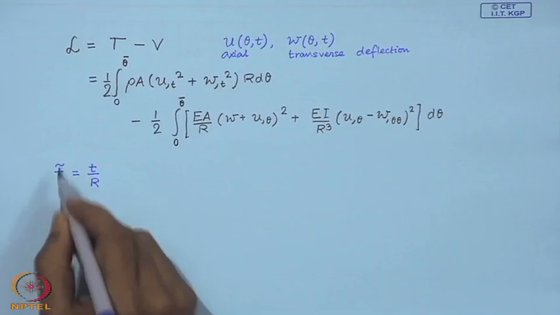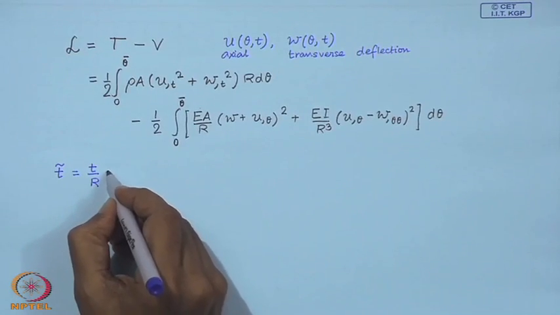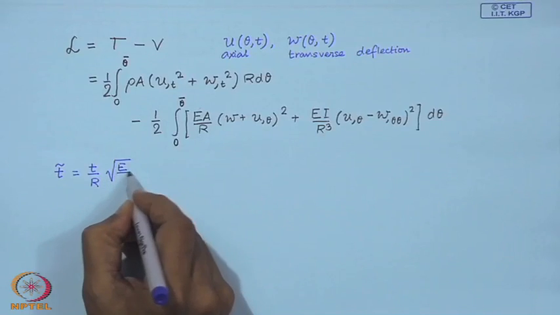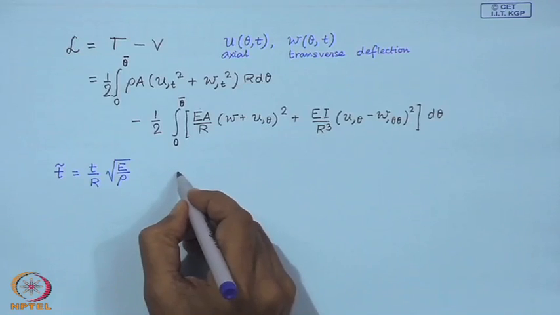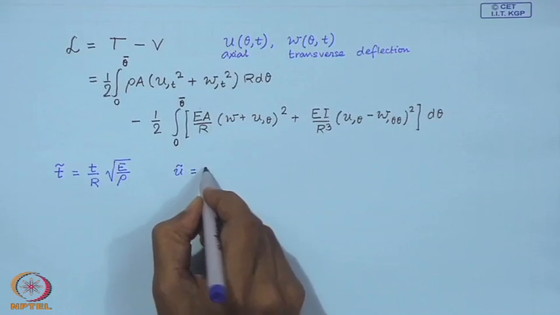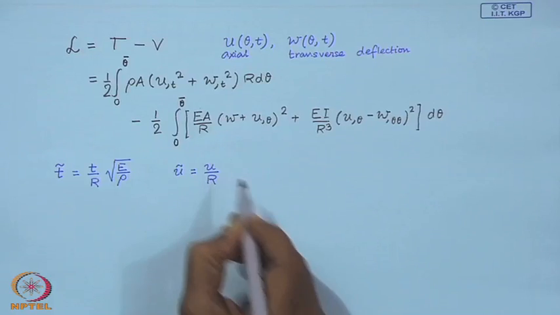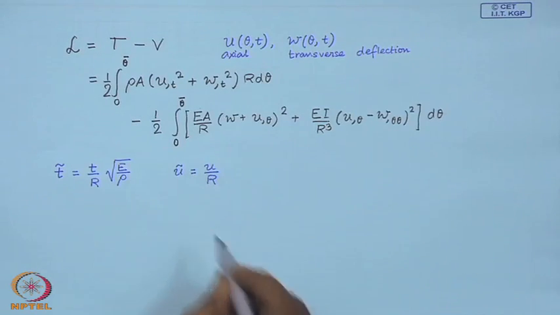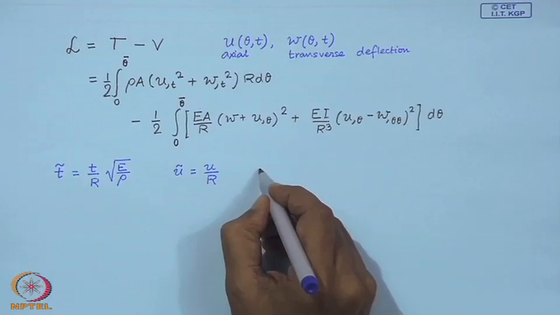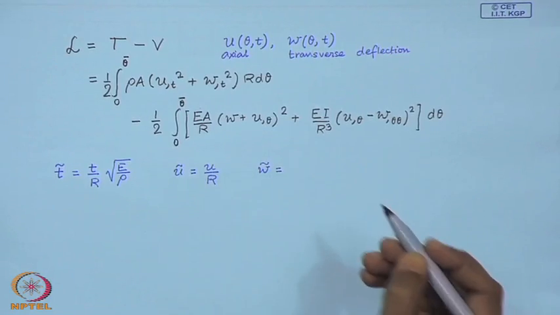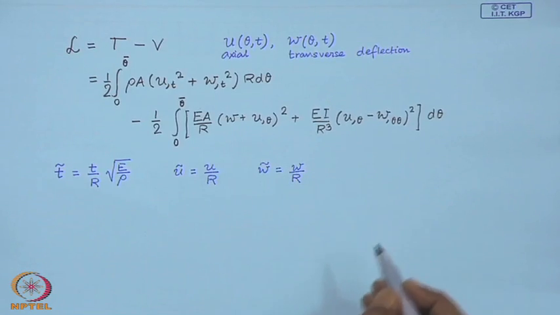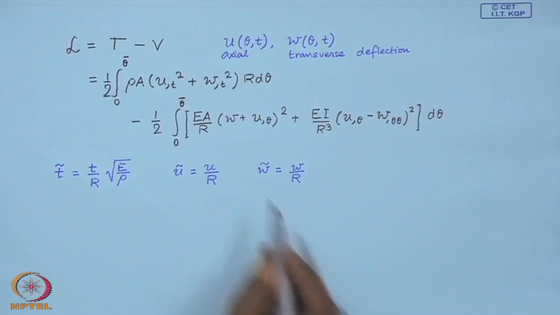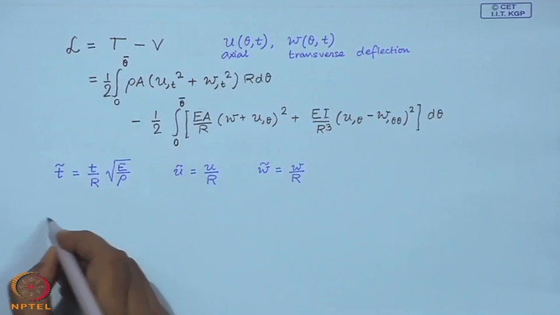The time is non-dimensionalized, so t tilde is the non-dimensional time, u is non-dimensionalized using the radius of curvature of the beam. Similarly, w was non-dimensionalized. Now, using this non-dimensionalization, we can rewrite this Lagrangian.